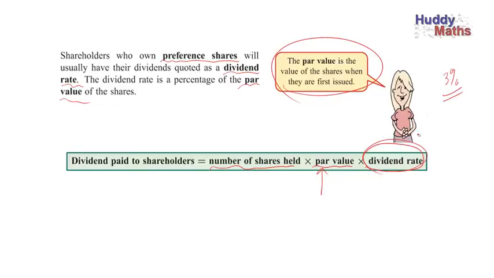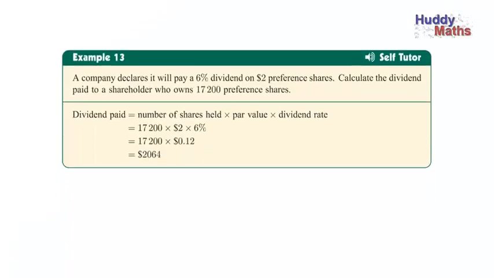Now, preference means they give those shareholders at that rate the dividend first, and then they divide up what's left of the total profit they want to share with shareholders to the ordinary shareholders. So the big advantage is, as a preference shareholder, they will pay you out first, and they will declare a given percentage, not a rate per share. So it's a little bit different. So let's have a look at some calculations now and see if you can see the difference.